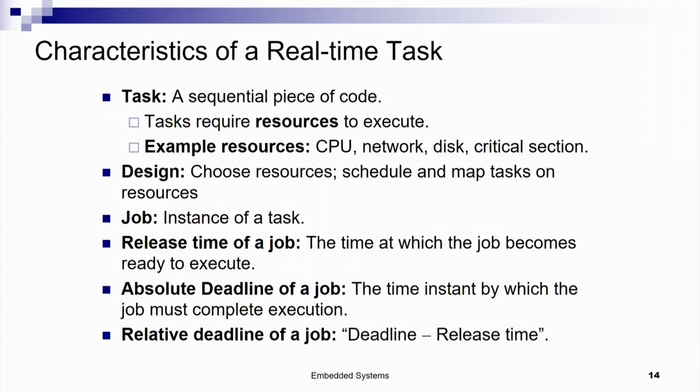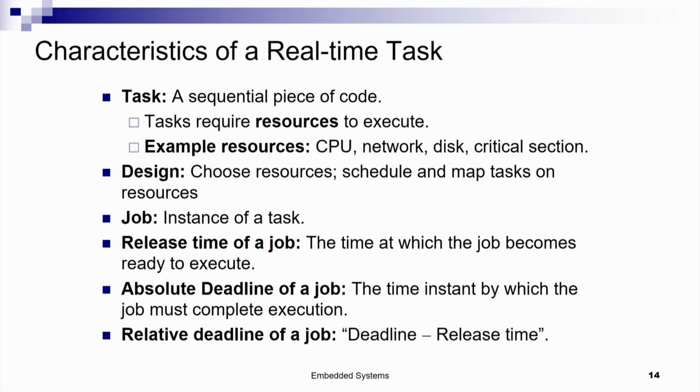So, in the design phase, after we have found out the tasks, we choose resources, for example, appropriate CPUs, appropriate network protocol, appropriate disk or memory, etc. And then we schedule and map the tasks onto these resources, because multiple tasks may use these resources.